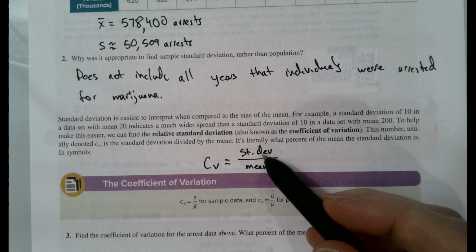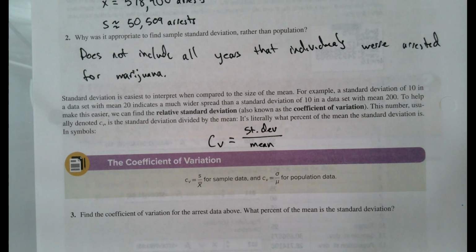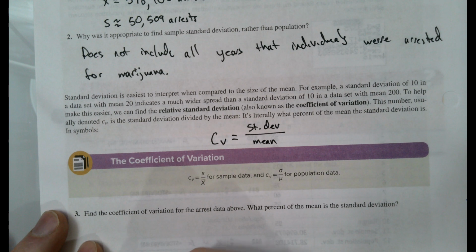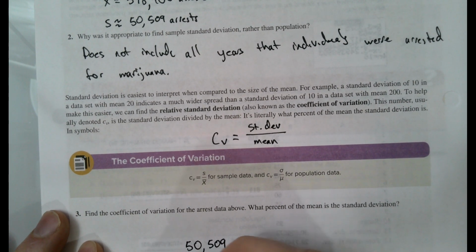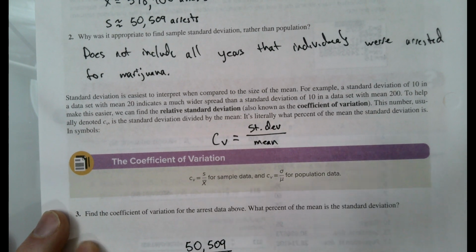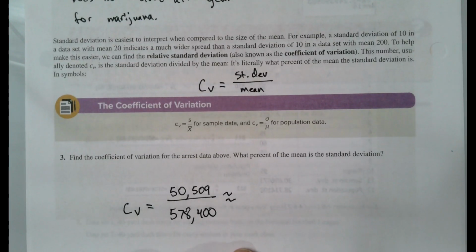So it's just the standard deviation divided by the mean, whatever I got from the data set. So the coefficient of variation for this data set is going to be the 50,509 divided by the 578,400. Now, we typically write this as a decimal.